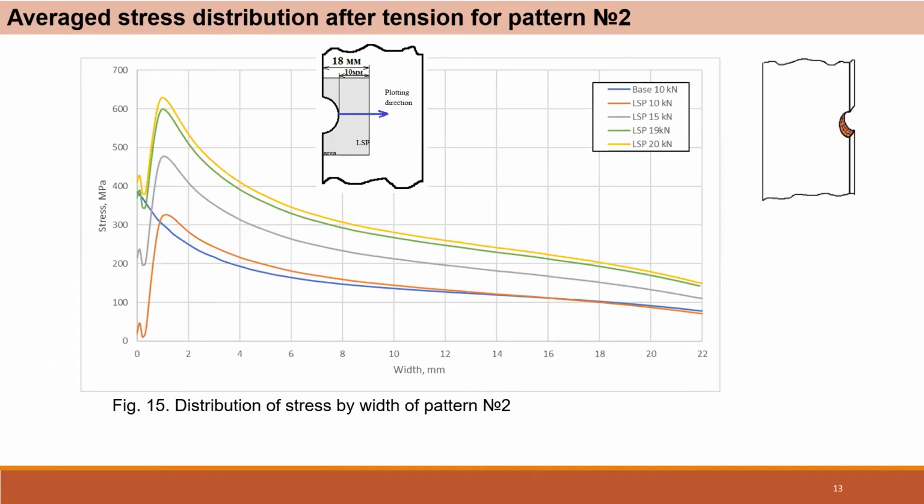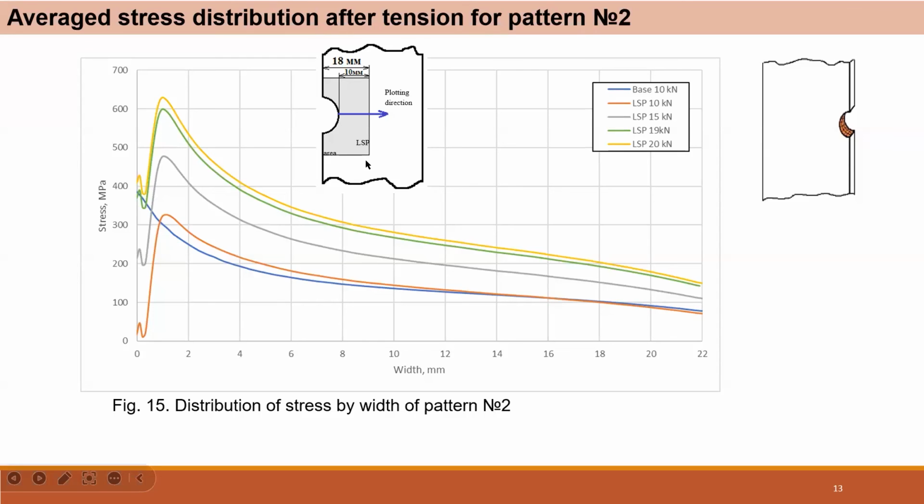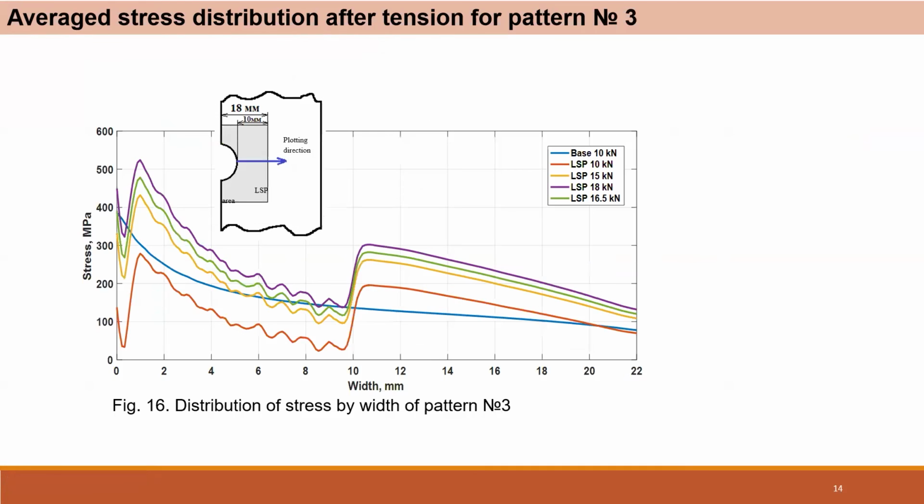For the second pattern, when we treat only the notch, it is 19 kilonewtons, and for the third pattern, it was equal to 16.5 kilonewtons.